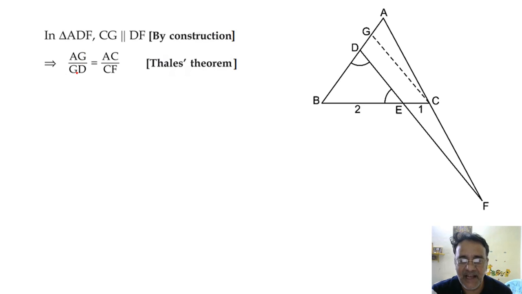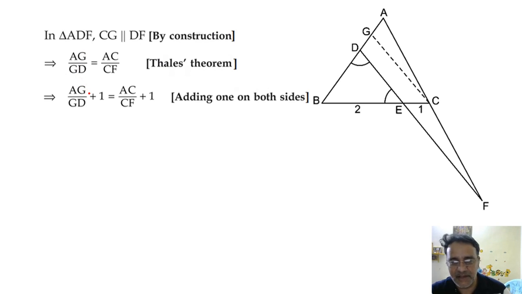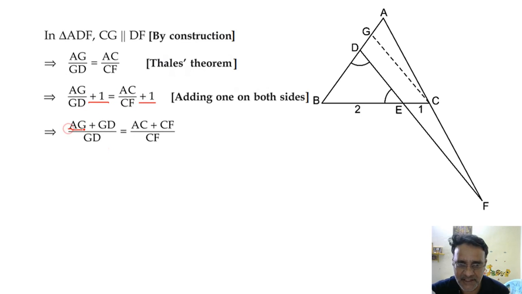Right? नहीं, फर्स्ट हम लोग 1 ऐड करेंगे, उसके बाद LCM लेंगे. सो AG प्लस GD हो जाएगा AD एंड AC प्लस CF हो जाएगा AF. So AD upon GD will be equal to AF upon CF.